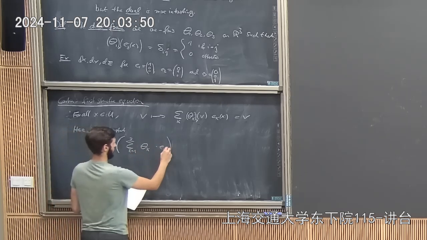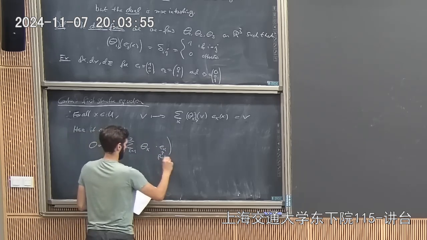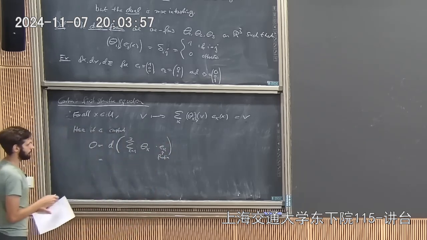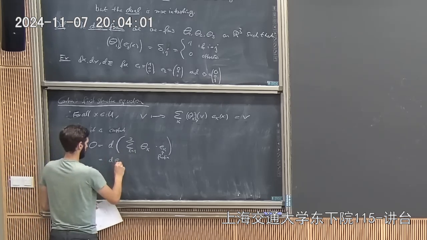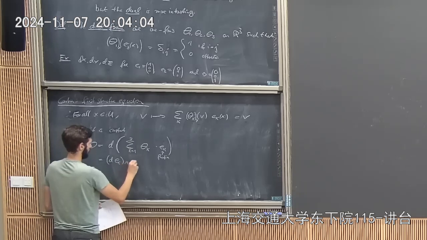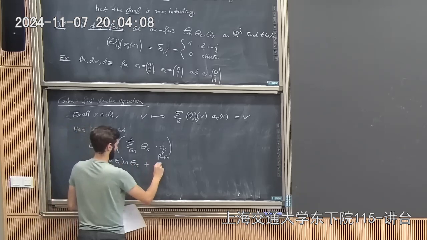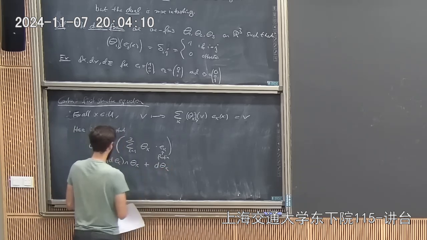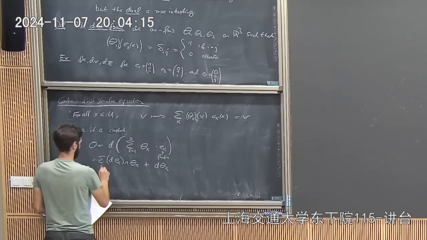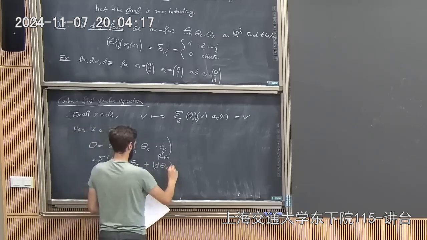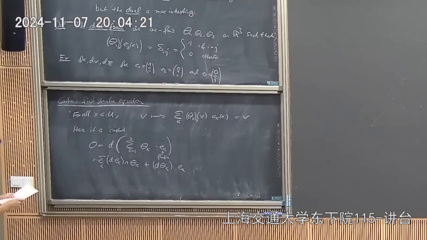We consider this as a function for each coefficient. So we can write this as the sum over k of d e_k times theta_k plus e_k d theta_k.